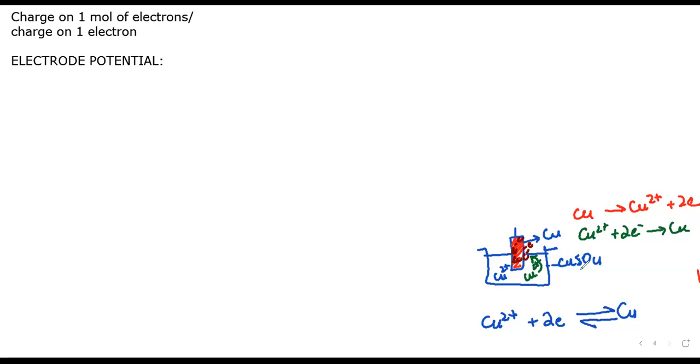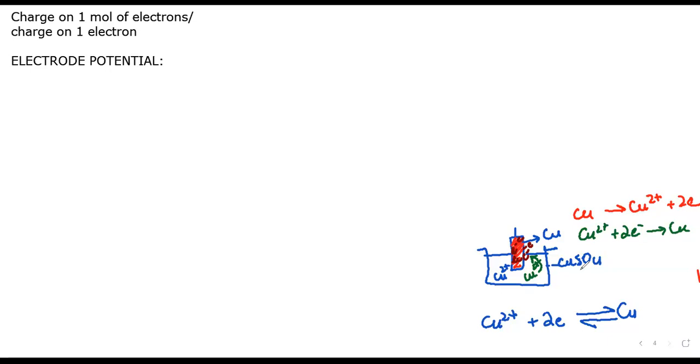We can measure the difference in the potential between the metal and the metal ion system, and I can compare it to another system. This is known as electrode potential. So if I take my zinc and place it in a zinc solution, and I take copper and place it in a copper solution, I cannot actually measure the voltage directly, but I can take two different systems.